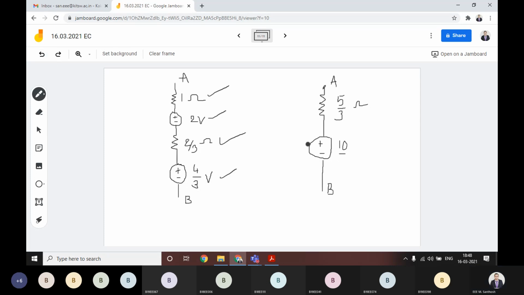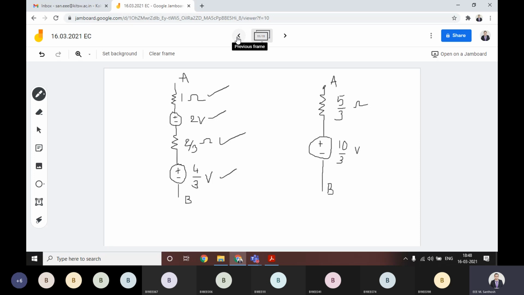I hope now you got the actual values. Okay, A B can be transformed like this. You understood how much time it will take?